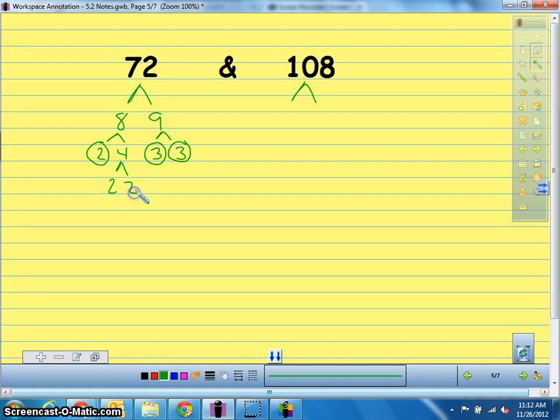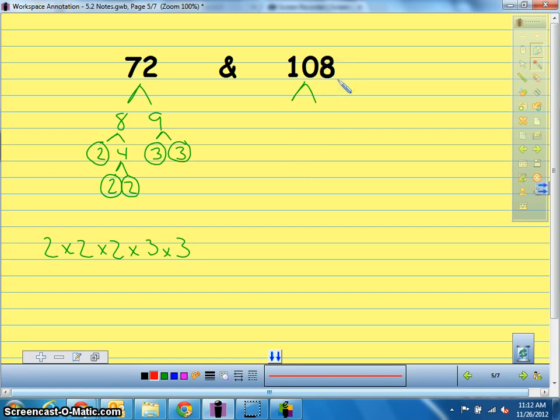And then 4 I can get by taking 2 times 2. So I'm at all circles here, all dead ends here. So I know that I have 2 times 2 times 2 times 3 times 3 for my prime factorization for 72.